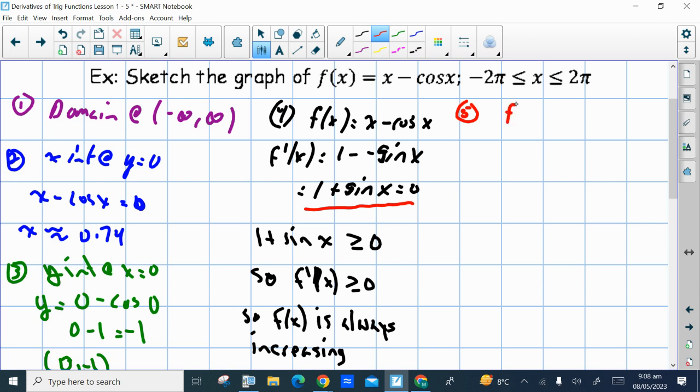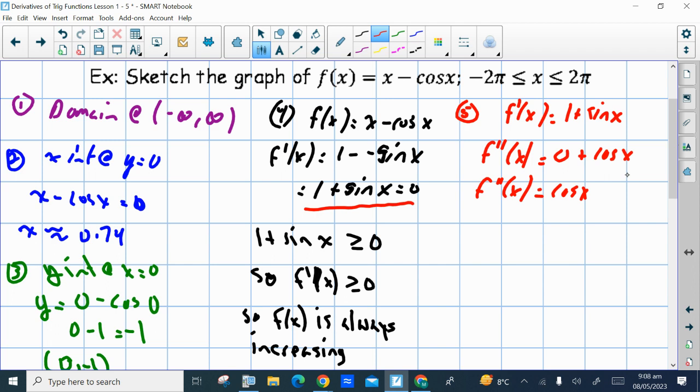Okay, so second derivative. If f prime of x equals 1 plus sine x, then the second derivative, f double prime of x, well, the derivative of a constant is 0, and the derivative of sine x is cos x. So f double prime of x just equals cos x. And again, we want to find where that equals 0.